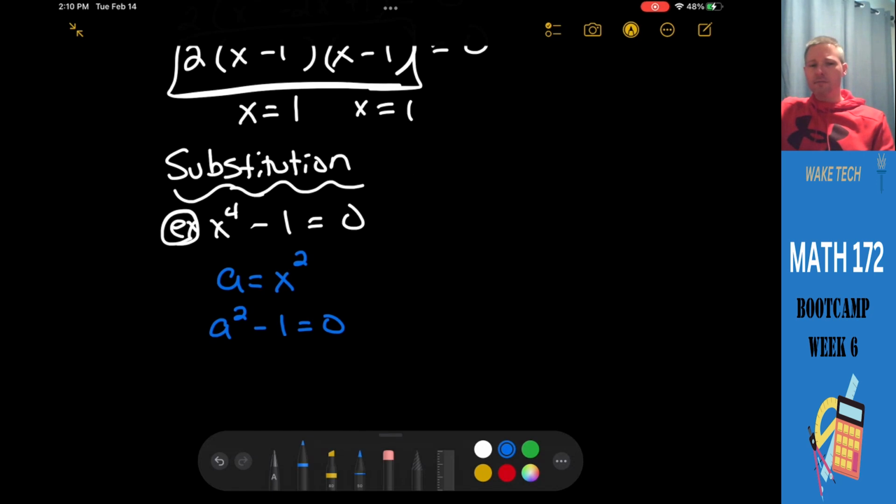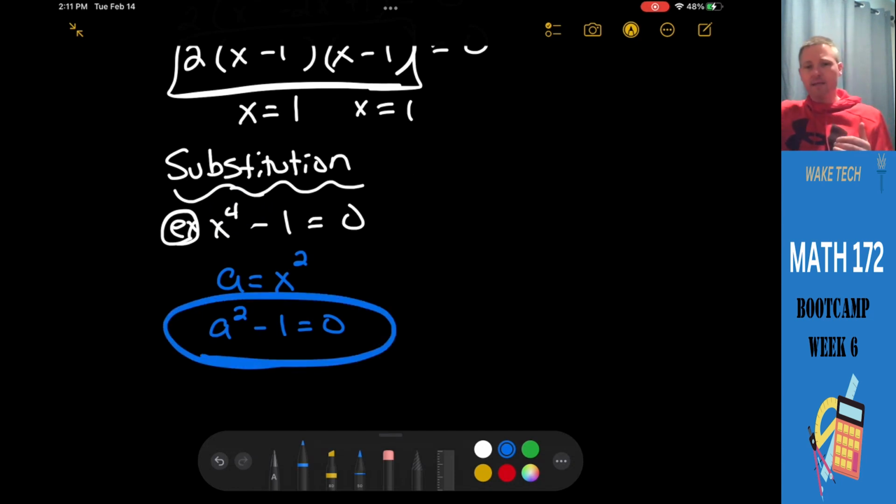The substitution that I'm making here is always going to be half. That a is always going to equal x raised to half of the original exponent. And that's so that when we write it after making that substitution, we get something quadratic, because we factored quadratic things. That's what we factored the most.